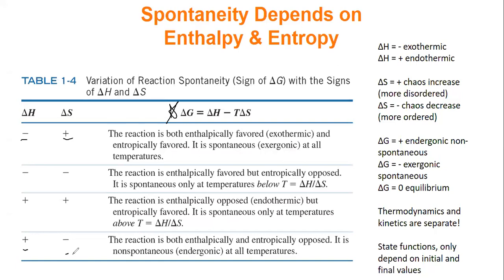Now, energy, enthalpy, and entropy are what we call state functions. A state function is a function that only depends on the beginning and the end point. They are path independent. What I mean by that is the example I always like to use: climbing a mountain. Let's say the top of the mountain is high energy, the bottom of the mountain is low energy, and there are 3 different people going up this mountain.